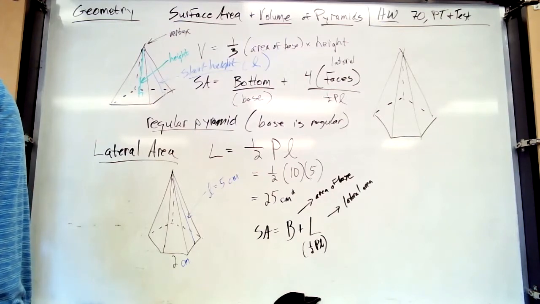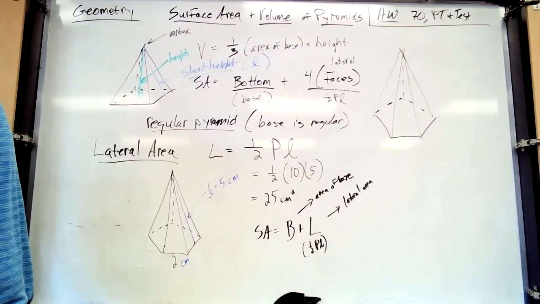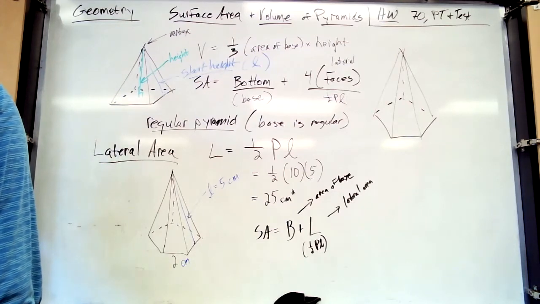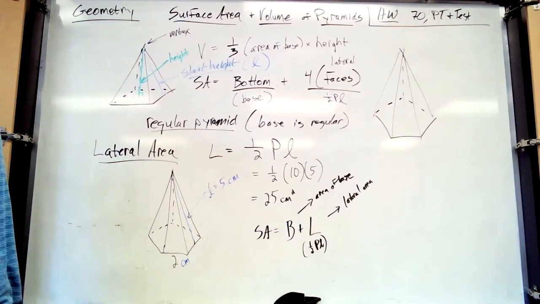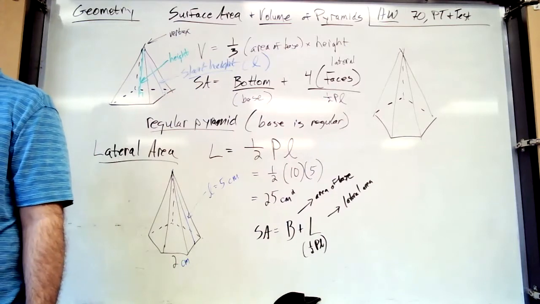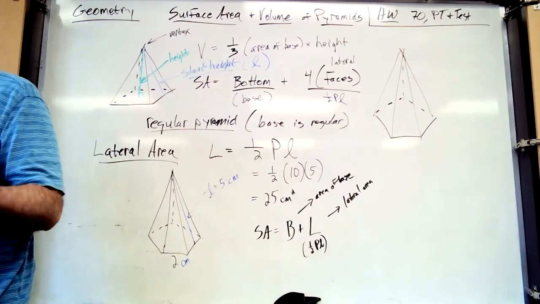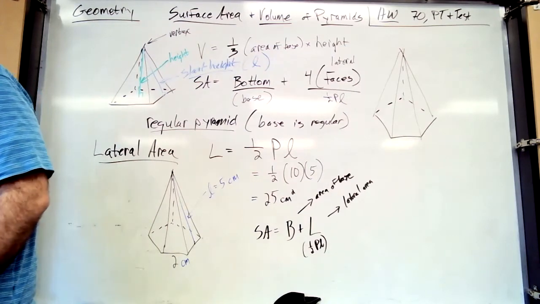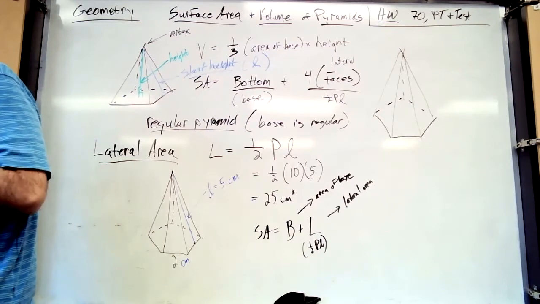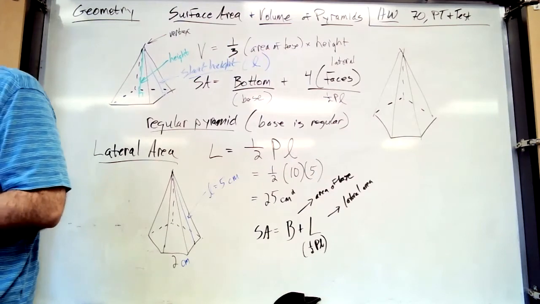All right. Okay, see if you can do this. Ready? I'm going to read it to you, and I want you to figure it out. You ready? Calculate the total surface area, not just the lateral area, but the total surface area of a regular hexagonal pyramid with a slant height of 12 centimeters and a base side of 3 centimeters long.